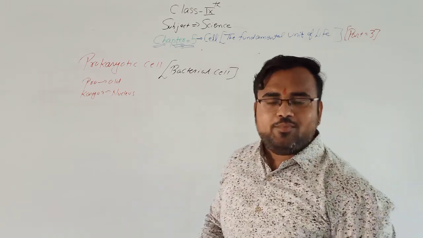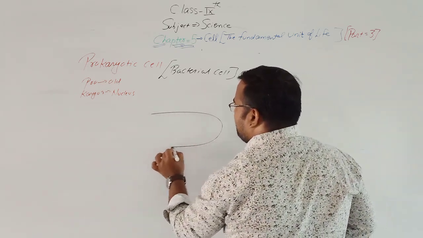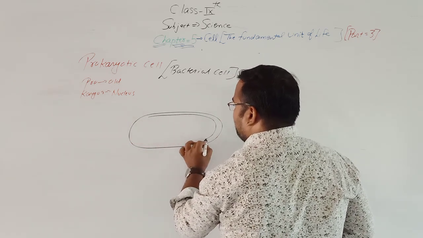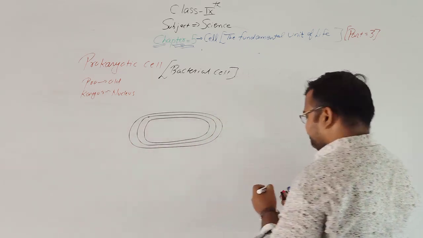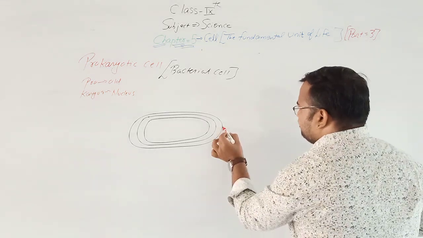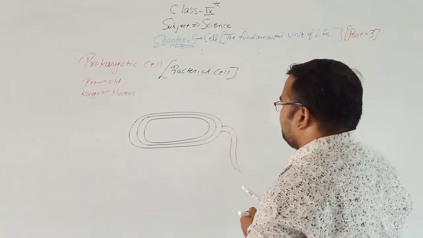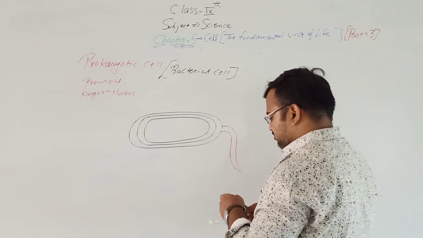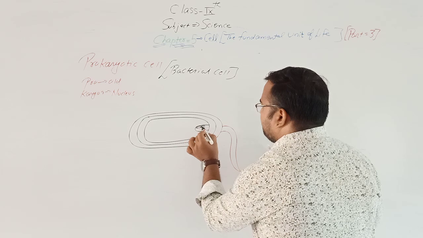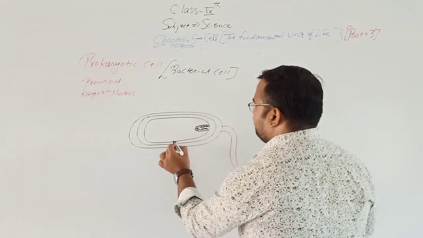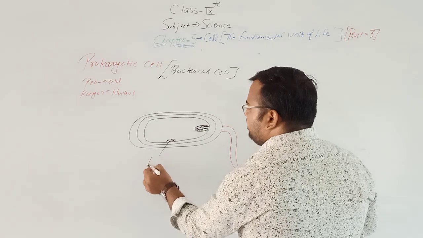So I am drawing the diagram of the bacterial cell. Draw with me. There will be three layers in the bacterial cell. This is mesosome.